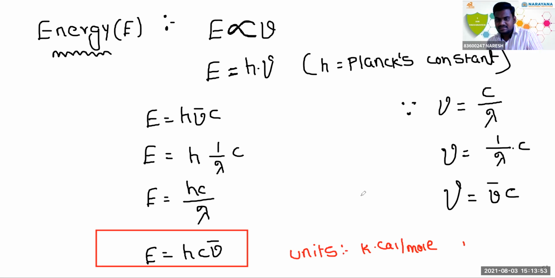See here, whether it is joules or kilojoules, you can write it in SI units and CGS form. Kilojoule per mole also you can write. Yes, sir, I mentioned kilocalories per mole, so instead of that, you can write it as kilojoule per mole.